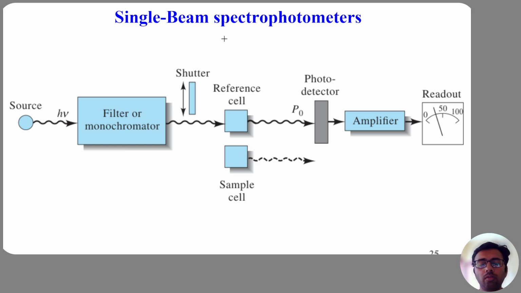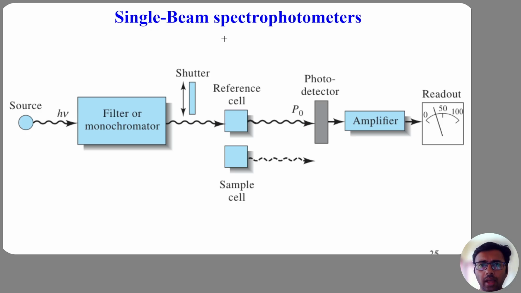The detector converts photons into a tiny electrical current. This signal is extremely weak, therefore it passes through an amplifier. Finally, the processed signal reaches the readout system, which calculates absorbance and displays the result. A complete measurement has now occurred.